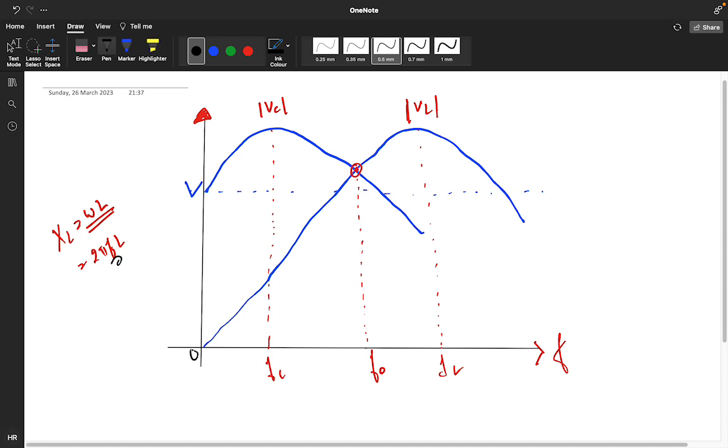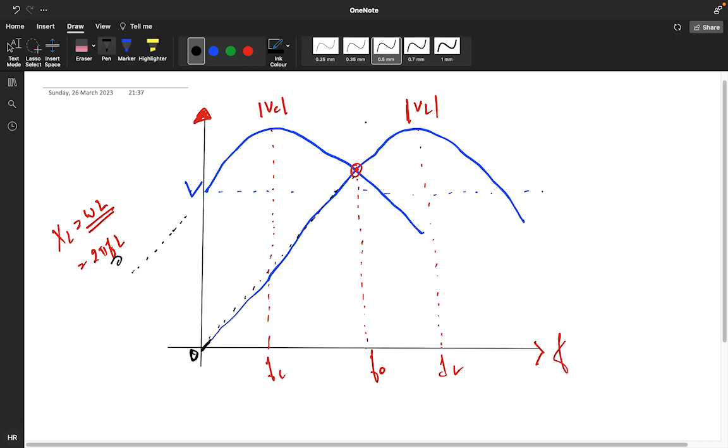That's why I'm starting from 0 for FL. If I put the F value as 0, we get 0. Then if I increase the frequency, the voltage gets increased like this.